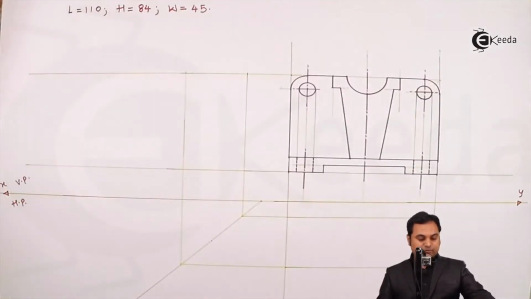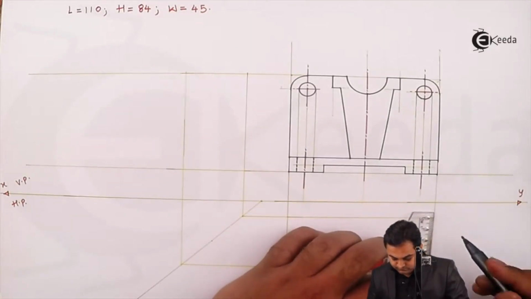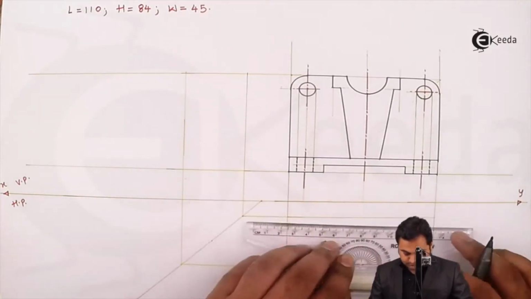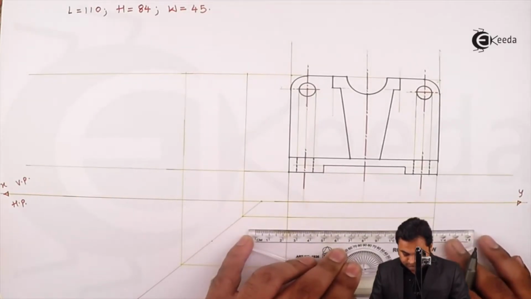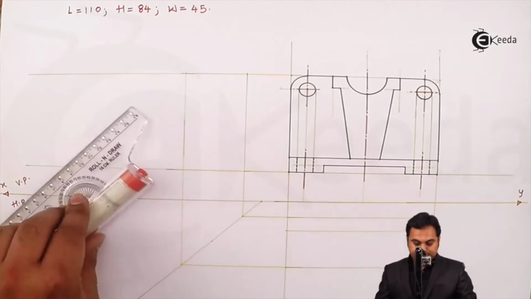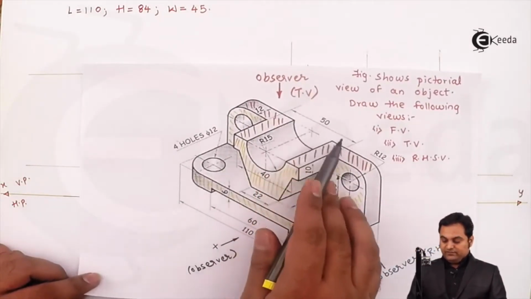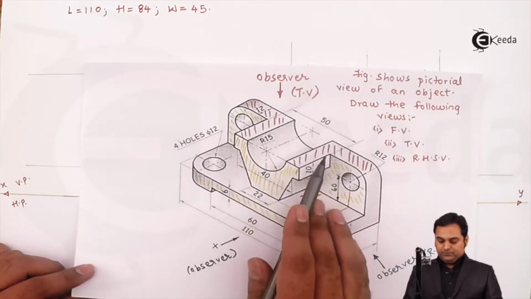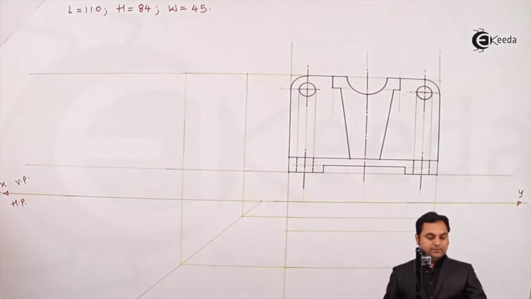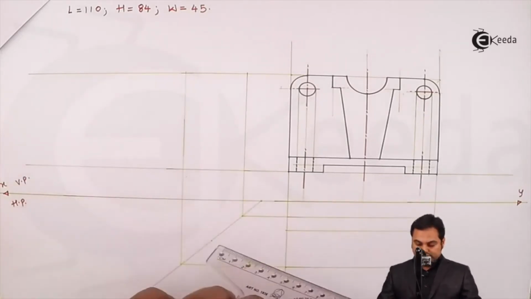So first I'll take that width, projecting it light. Then from the center, here we have this 50 mm length portion. So I'll be projecting that 50 mm distance from the front view directly into the top view.